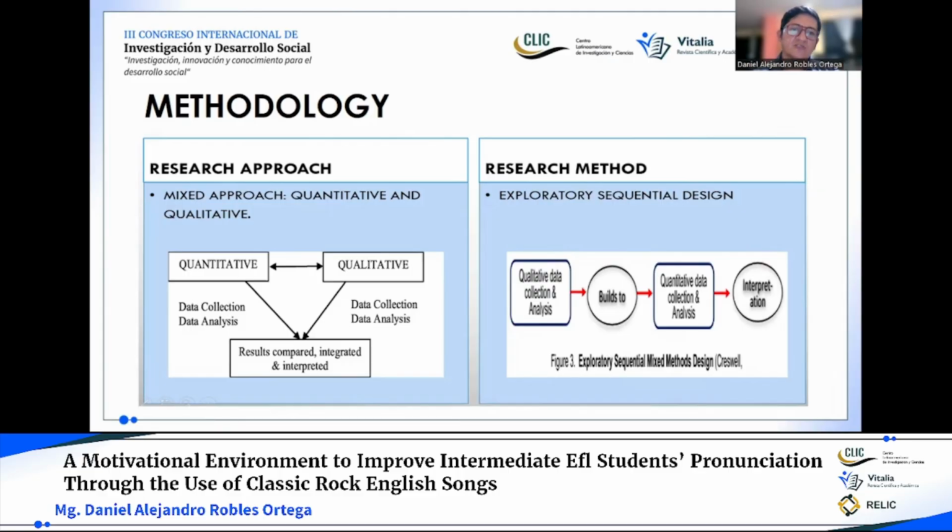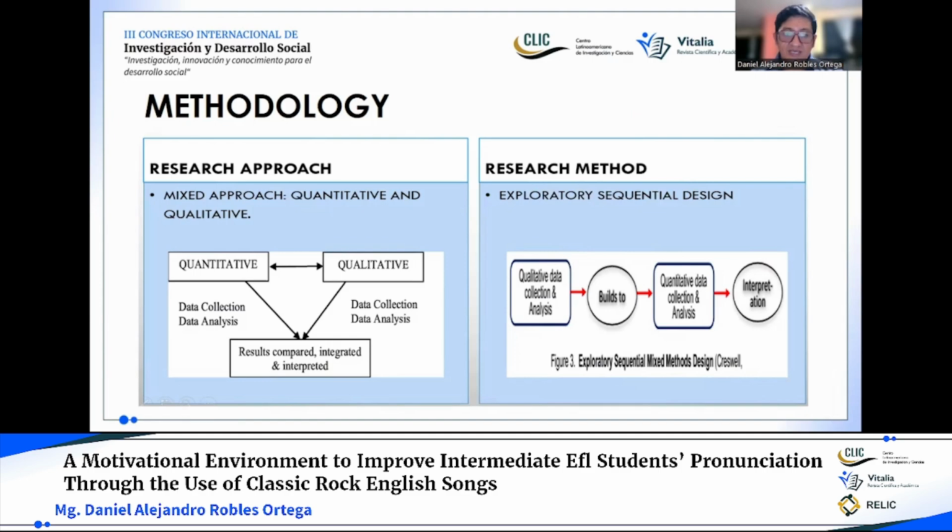Well, this research was carried out with an exploratory sequential design. This method belongs to the category of mixed approach, and it is derivative because the collection and analysis of quantitative data are made based on the qualitative results.